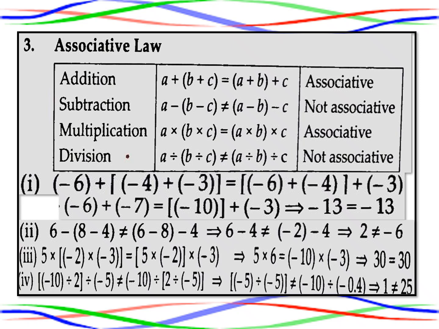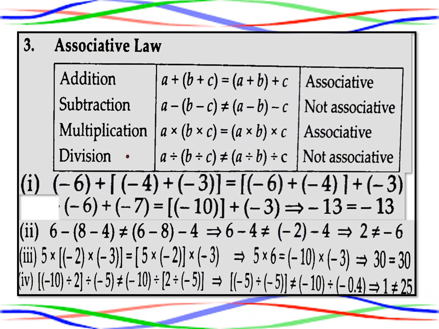How two integers got multiplied and transformed into a new number and that was multiplied. So 5 got multiplied to the product of minus 2 and minus 3, that is 6. So 30 we got. Similarly, the other possibility is 5 got multiplied to minus 2 and then it transformed into minus 10 and that got multiplied to minus 3 and then the answer is 30.